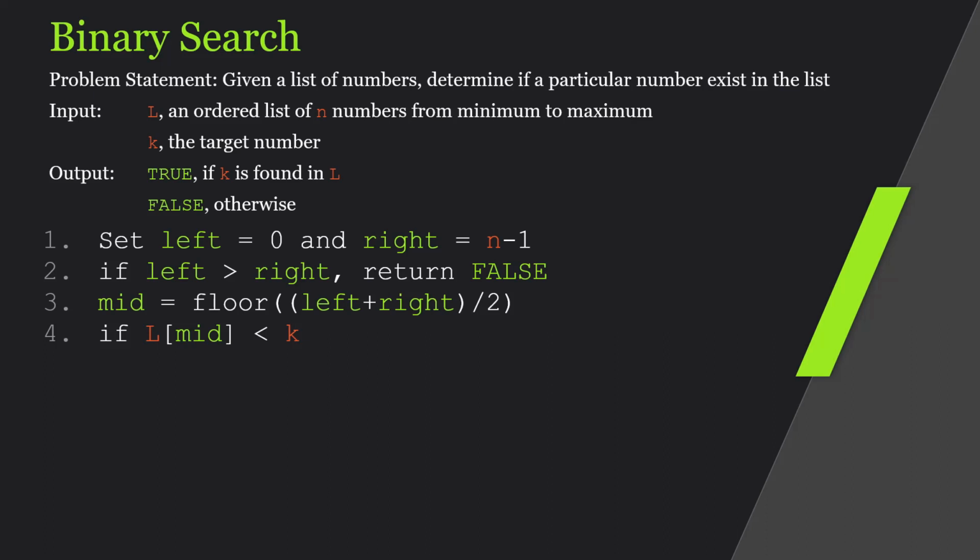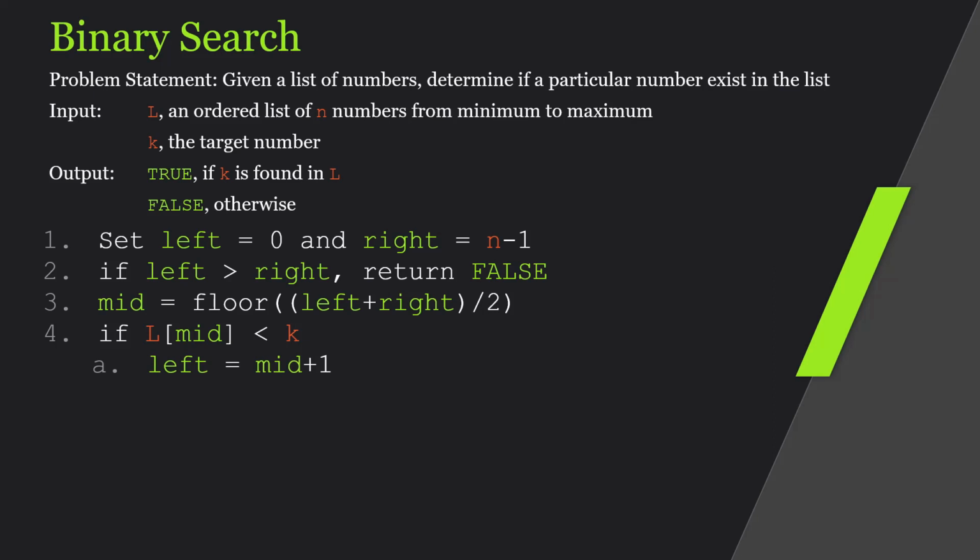All right, so if that middle element is less than k, then we know k has to be greater, meaning that any value to the left of the middle is going to be too small. So we want to update the new left to be 1 to the right of mid. We don't need to change the maximum or the right because k still might be out there.